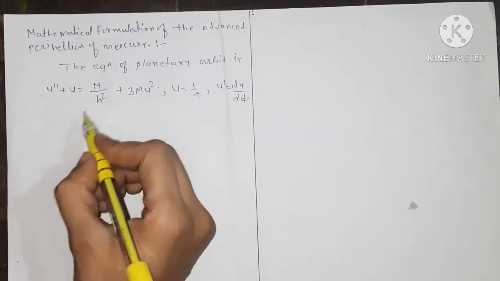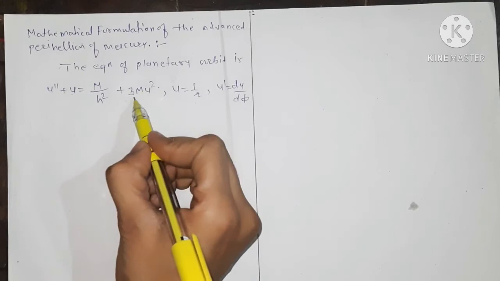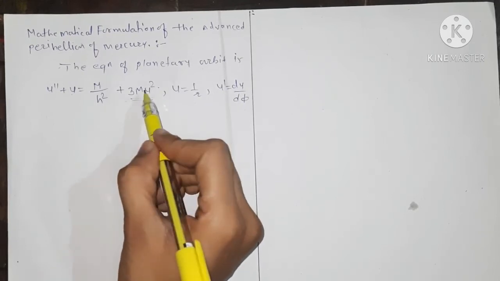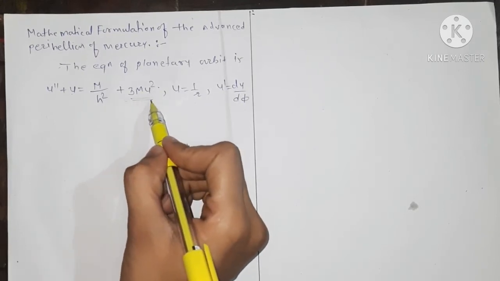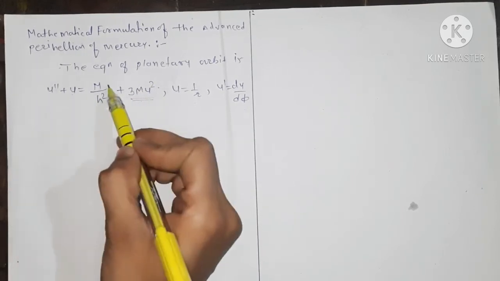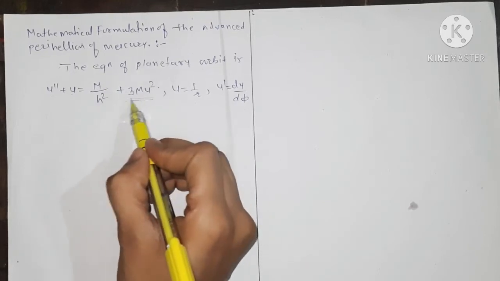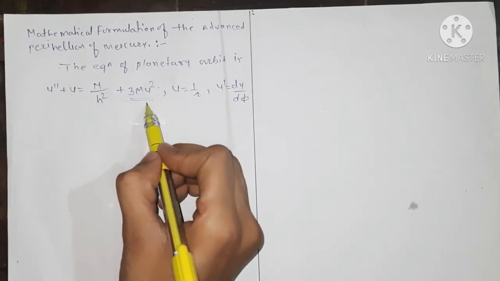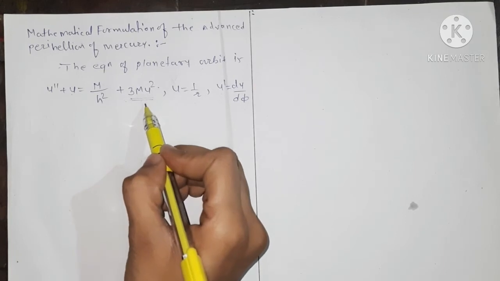And the term 3mu square is an additional term that is not present in Newtonian classical theory. We have only the equation u double dash plus u equals m upon h square, and this term 3mu square is the small addition to the classical equation.